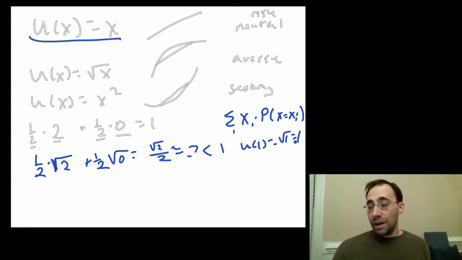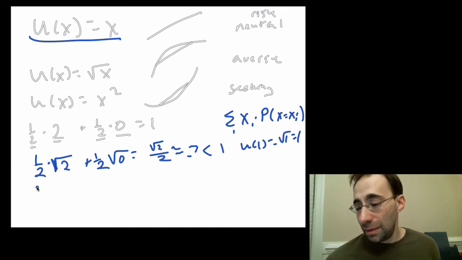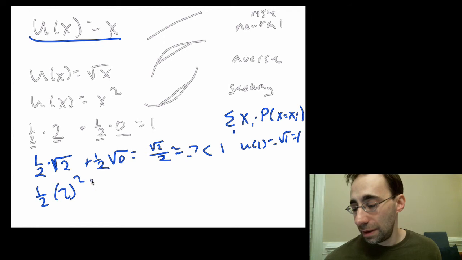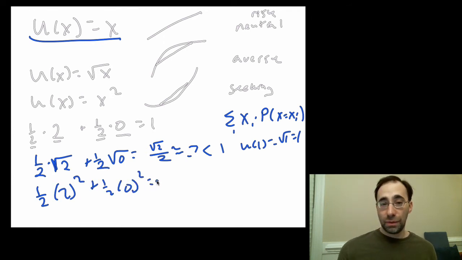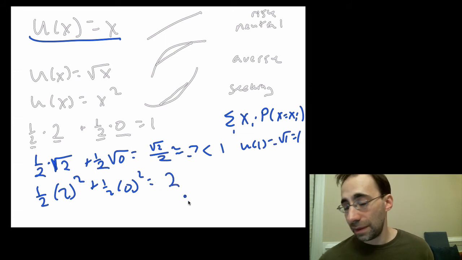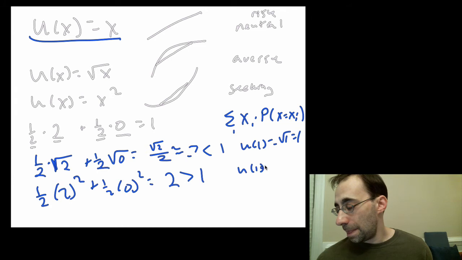Finally, you have risk-seeking. Well, risk-seeking people get 2 squared plus, again, 0 squared. That's going to equal 1/2 times 4, or 2. 2 is greater than 1. Utility for 1 for them is 1 squared equals 1.